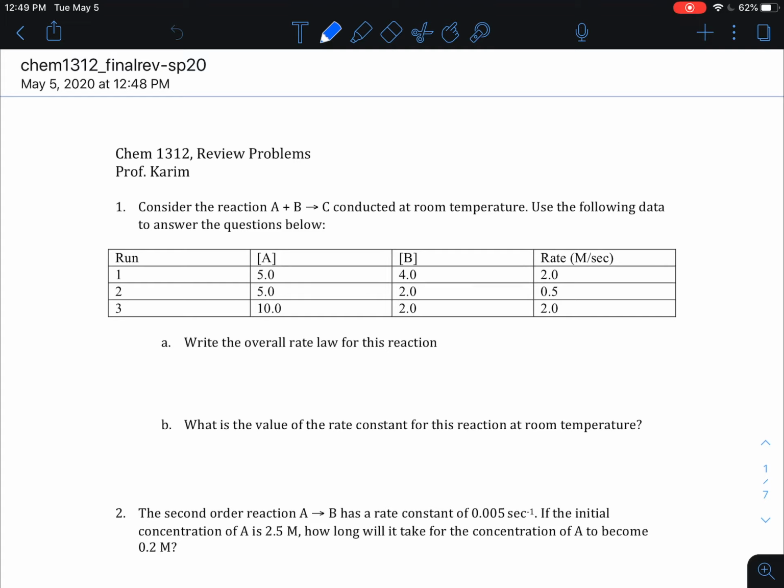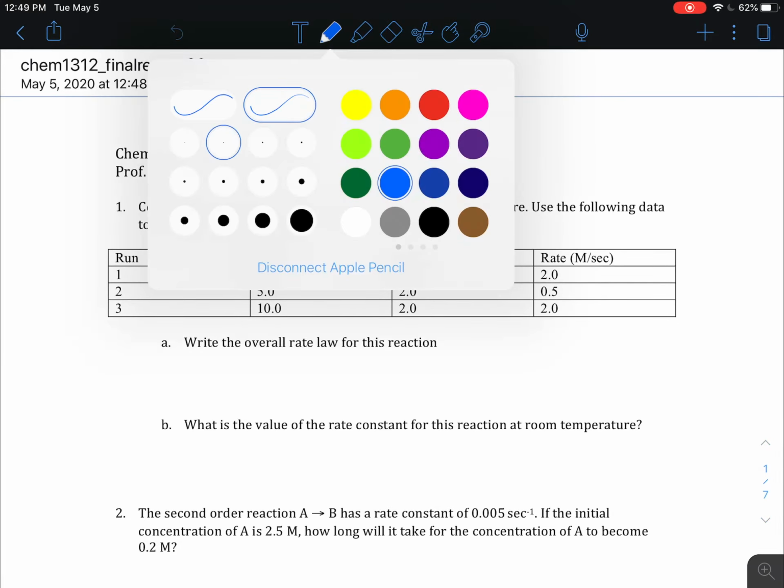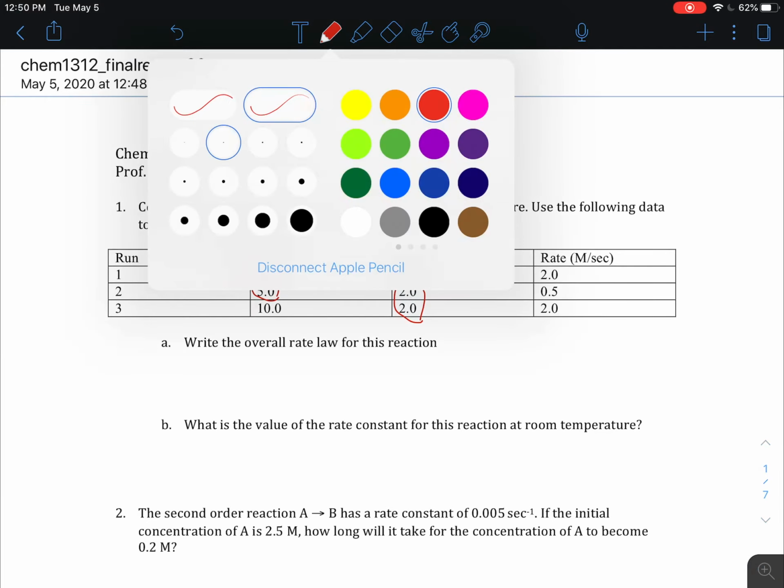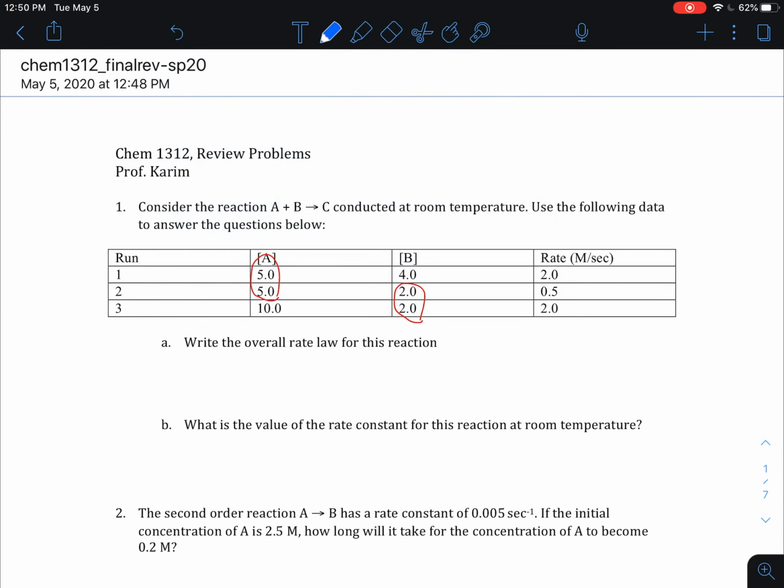So this first question here that we're looking at, familiar territory, we've got some data for some trials and we're trying to figure out the rate law and the rate constant for the reaction. So to start out with, we can find the two runs where A is staying the same, the two runs where B is staying the same, and then we can evaluate what's taking place.